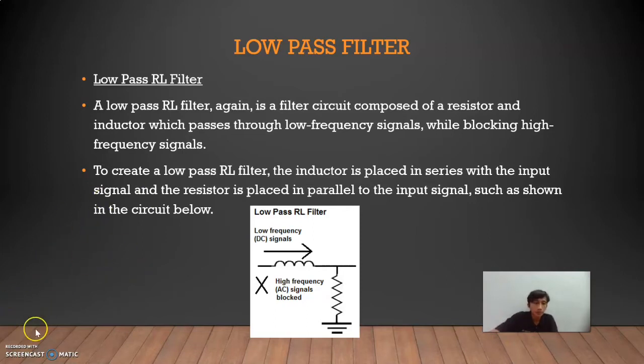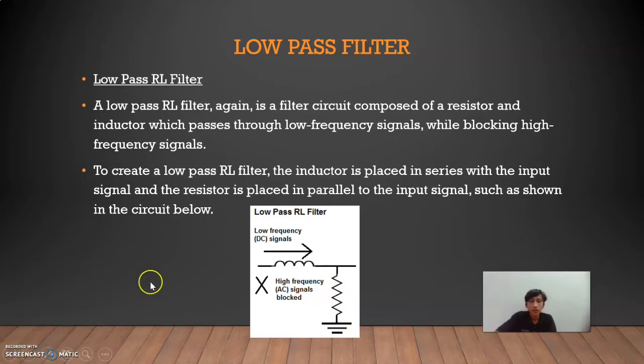So the example diagram is just the same as an RC filter. The low frequency signal just takes the alternative path, and high frequency signals get blocked from this.